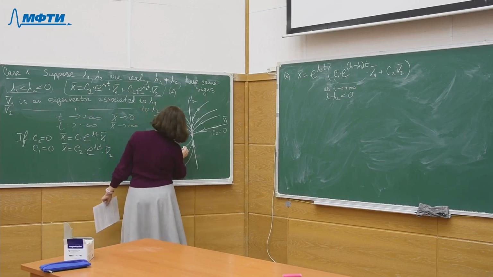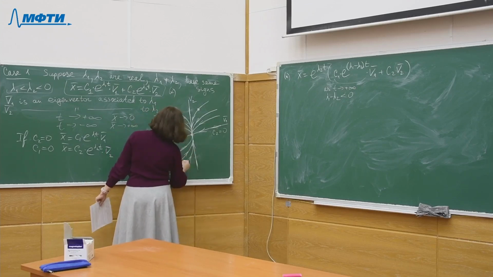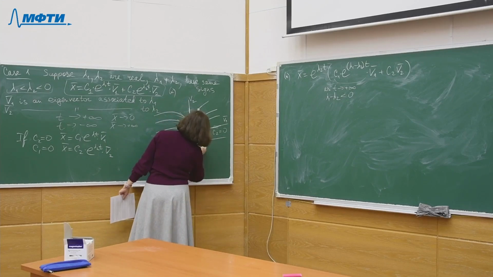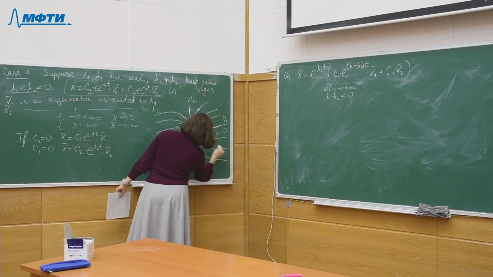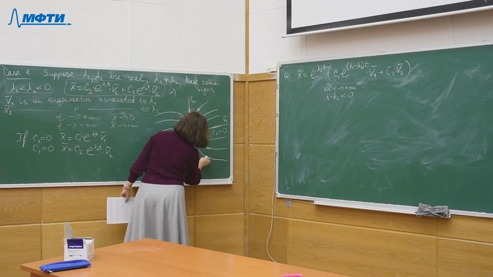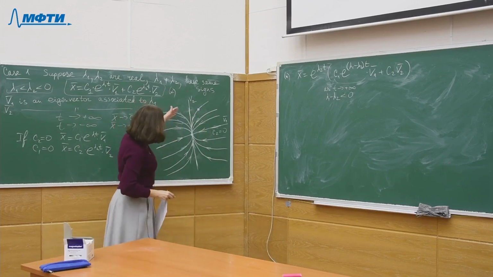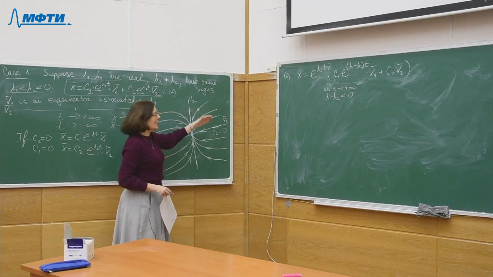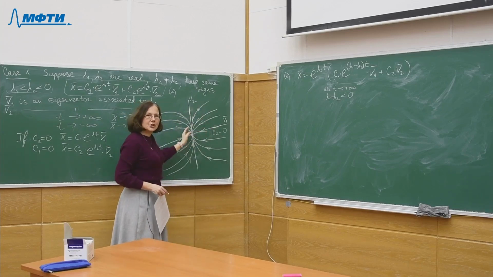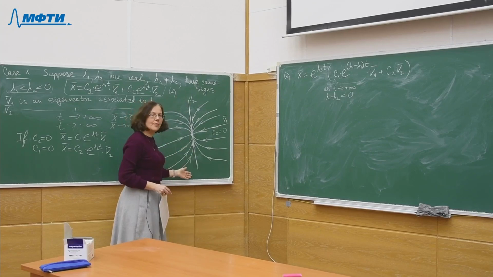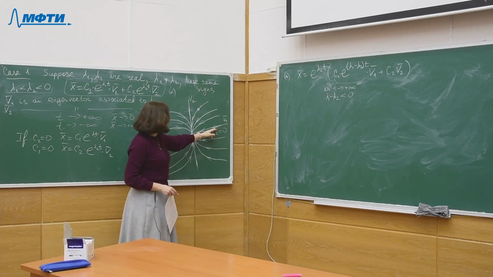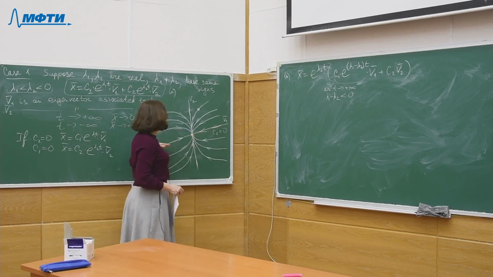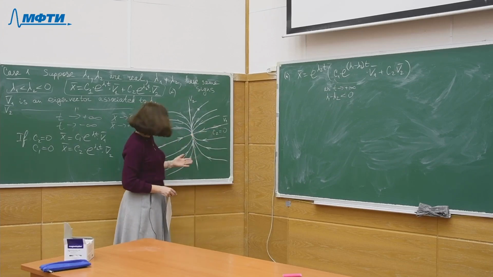And symmetrically, we have this. All the phase trajectories will be tangent to the line through v2, except for the trajectories starting at the points on the line through v1, right?